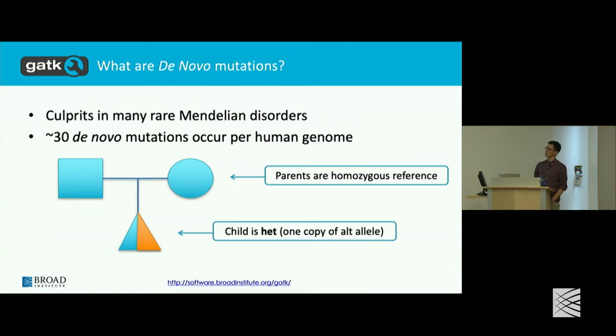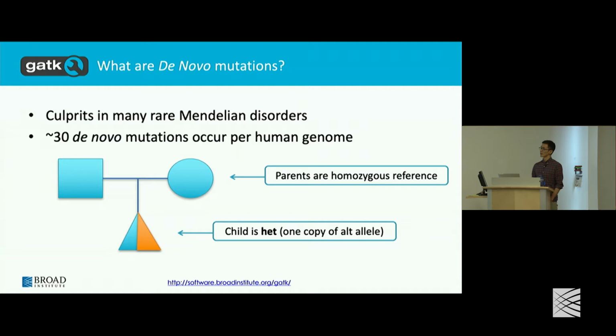And a show of hands, how many of you are familiar with de novo mutations? Okay, one or two. So a de novo mutation is a mutation where the parents, the blue here is one allele, both have 2 copies of the blue allele, but the child somehow has this orange allele that he or she definitely did not inherit from the parents.